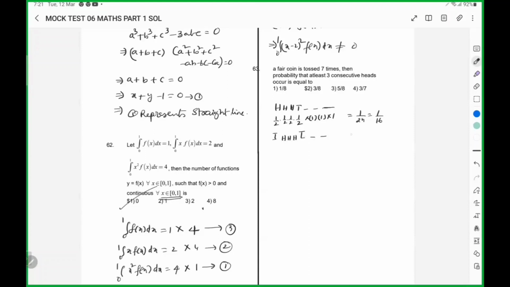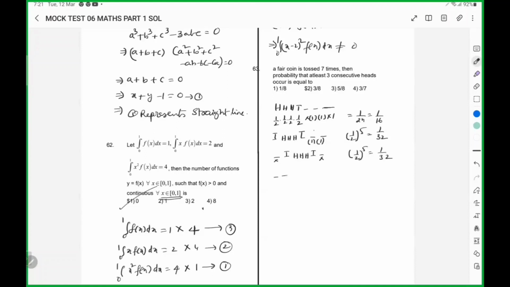So here we get 1 by 2 power 5, 1 by 32. Again, we can get heads in the third, fourth, fifth attempts. Total 7 attempts are there. Here we should get tail, here you can get anything. Here tail, here anything. Here also half power 5.